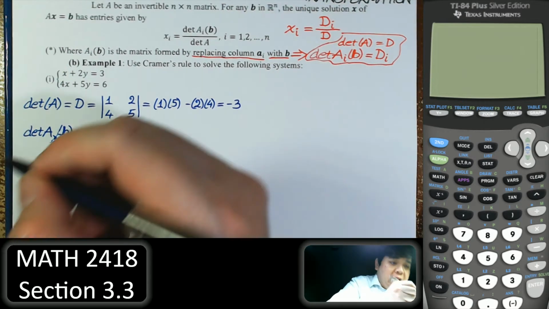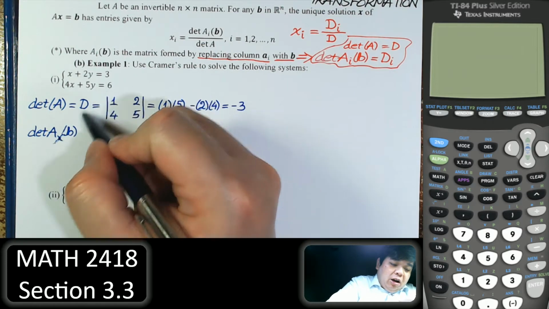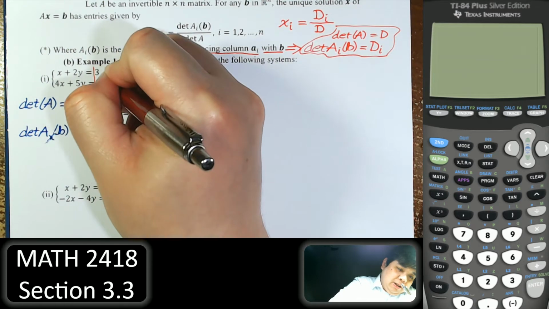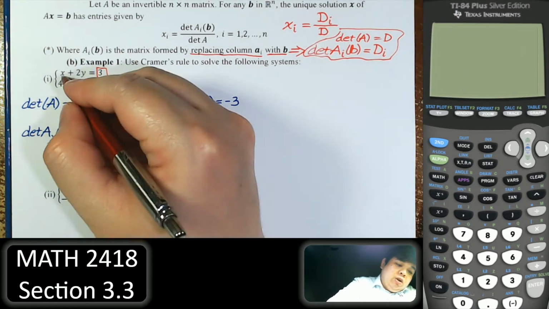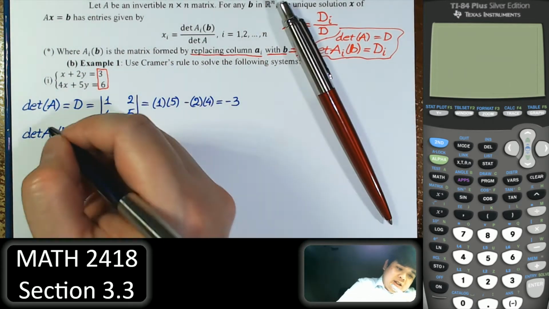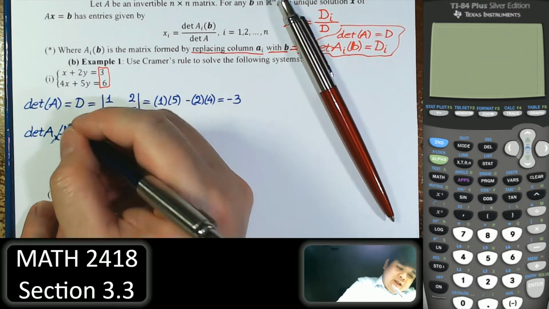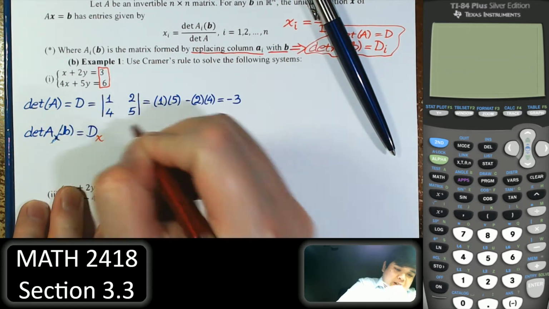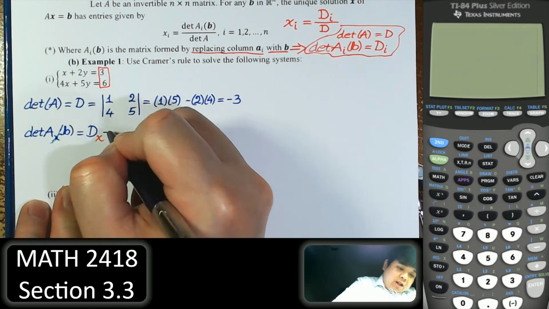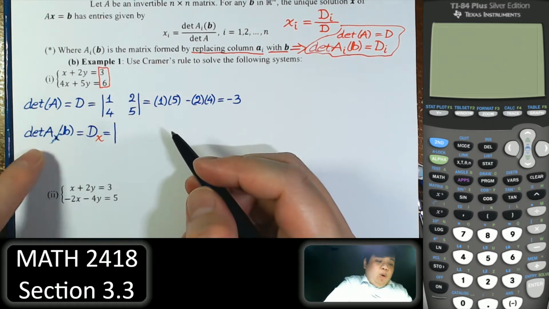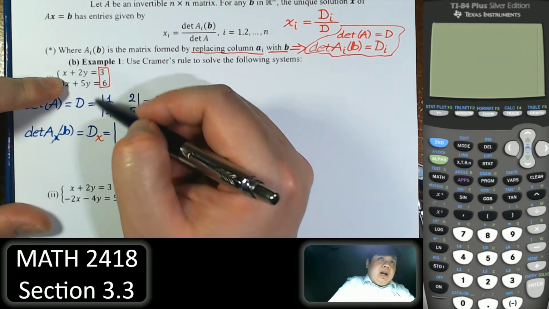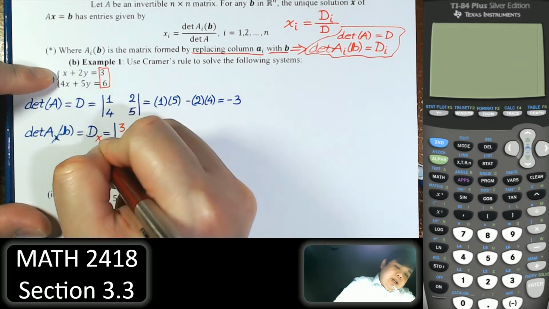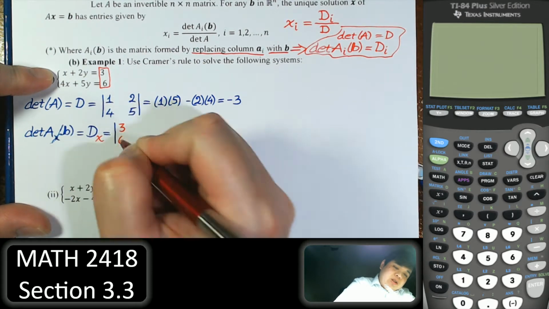So by this we mean I will replace the coefficients of x with the column b. So in this case I will have D_x, and what we do is, instead of the coefficients of x, we replace them by 3 and 6, which is the last column. So we replace the last column into the x variable, and we just find the determinant.